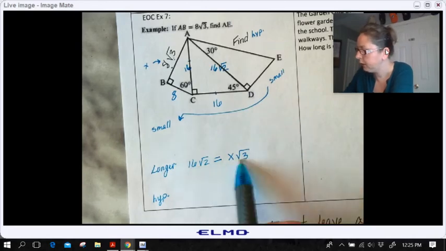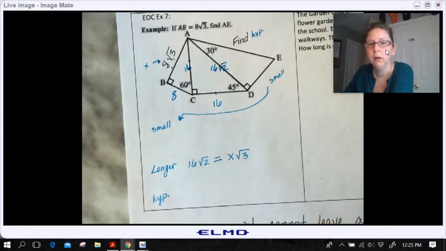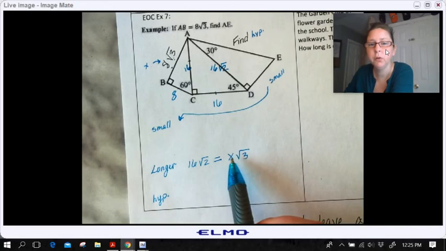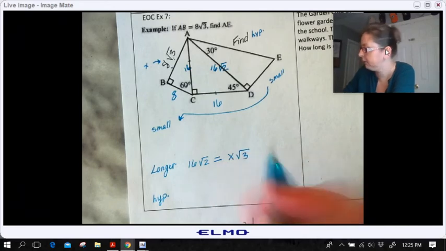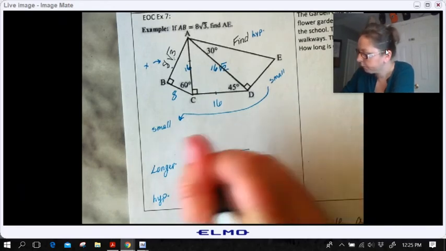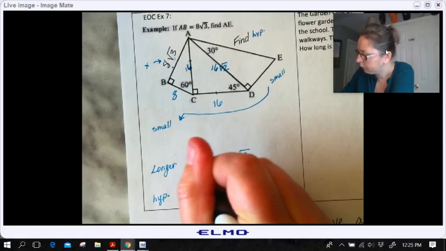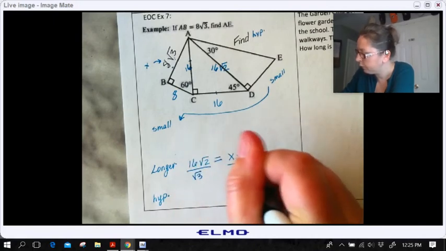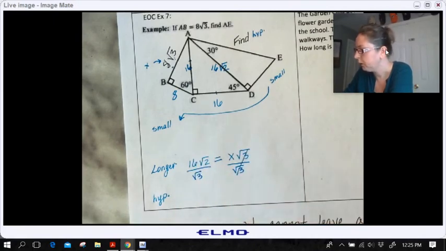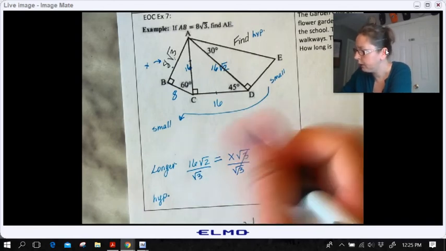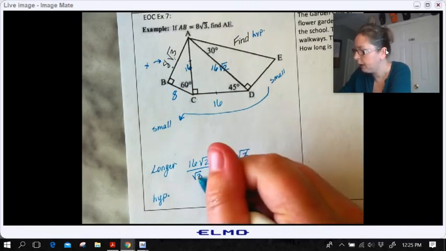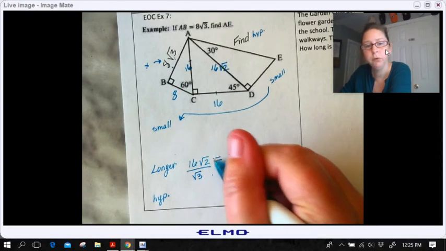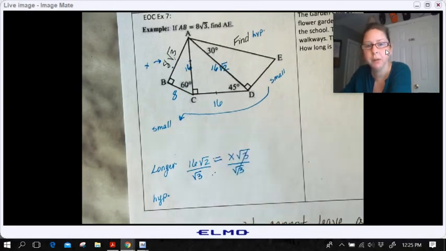So if these are equal to one another, let's divide this by the square root of 3 so we can figure out what the x is. So we are dividing by the square root of 3. And so we are going to have to multiply by the square root of 3 to get that out of the denominator.